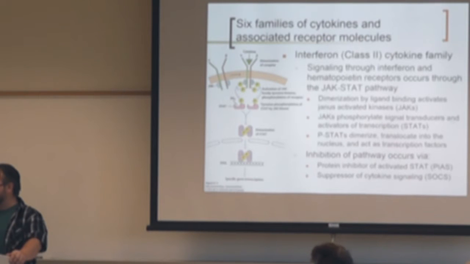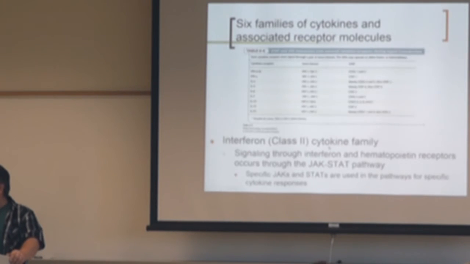These signal transducers and activators of transcription are STATs, so they will phosphorylate the STATs, and then those STATs, once they're phosphorylated, will dimerize and go into the nucleus and start transcribing. This JAK-STAT pathway is important because we have multiple cytokine receptors for it.